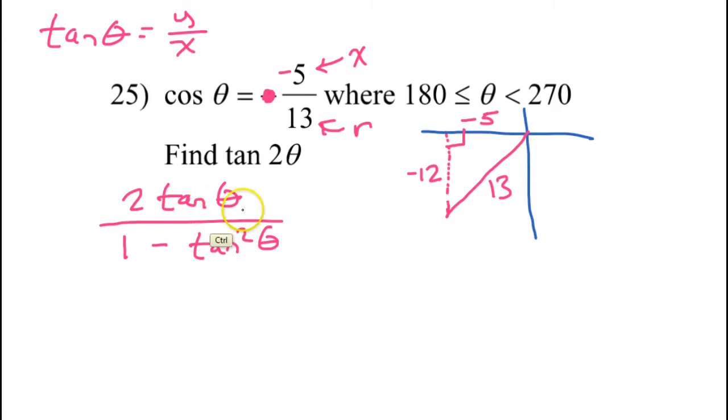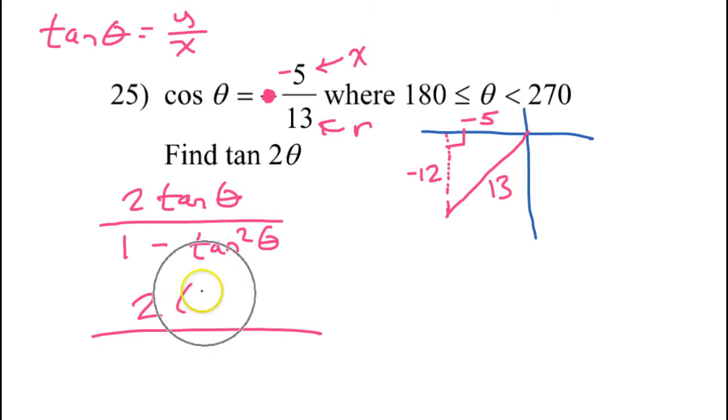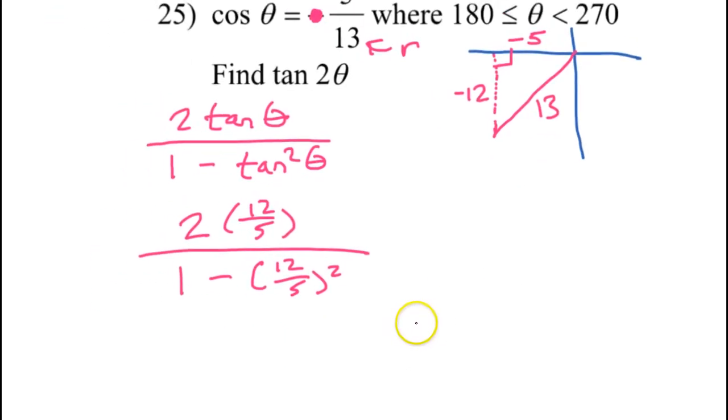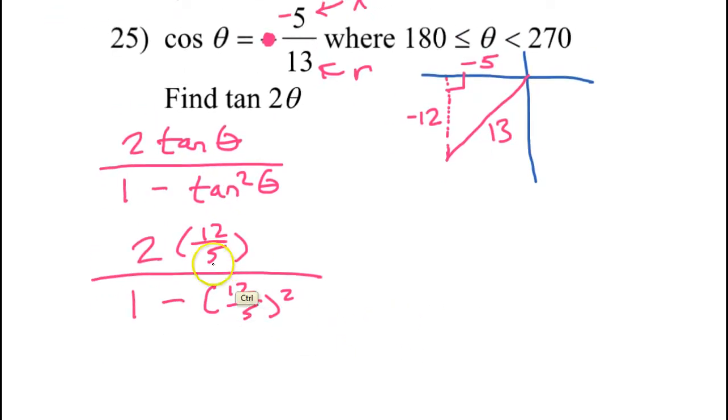Okay, so that's why I will have 2 times, and so like I said, the tangent of theta is just going to be 12 over 5, and then I'm going to have 1 minus 12 over 5 squared. So it's really just a matter of simplifying this.